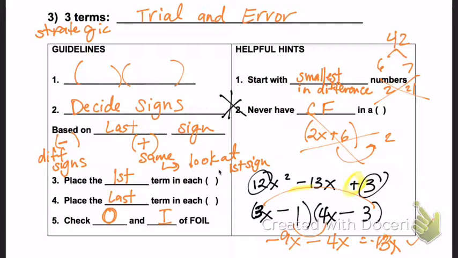So that's what I mean by checking the outer and inner. I'm checking that my middle term works out. So I'm taking this negative 9x, and I would encourage you to write it out the first couple of times, maybe instead of doing it in your head. Negative 9x and negative 4x. Those combine to be negative 13, so we're good.